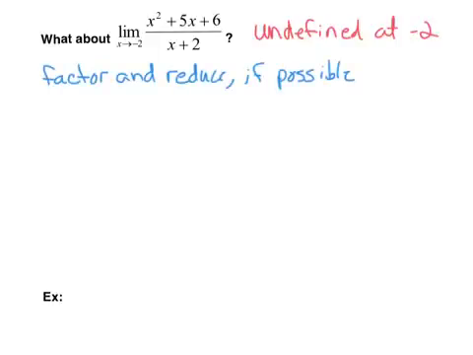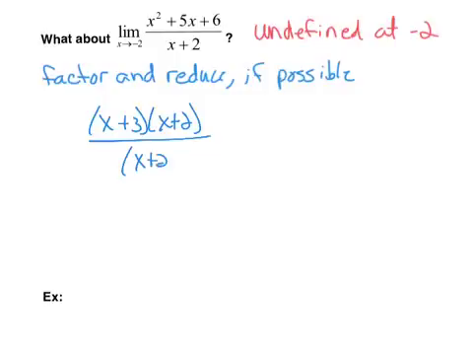So that's what we're going to do. We're going to factor and reduce if it's possible. So x squared plus 5x plus 6 is going to factor into x plus 3 and x plus 2, because it's factors of 6 that add to 5, and then I'm over x plus 2. Well, these are going to reduce down to 1. And I'm left with an equivalent expression for the limit.